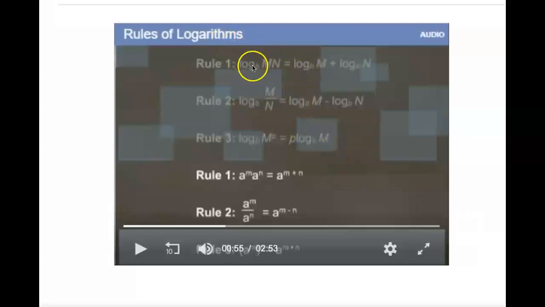So if I have the log of two numbers, m times n, that's an addition. m divided by n, that's a subtraction. m to the power p, that's going to be bringing the p out in front, all right?